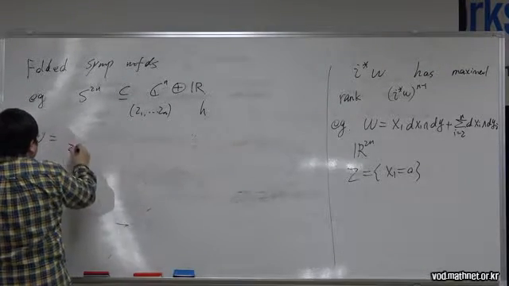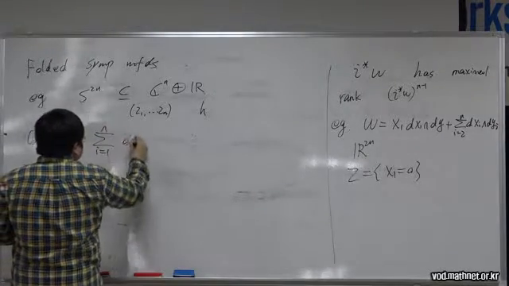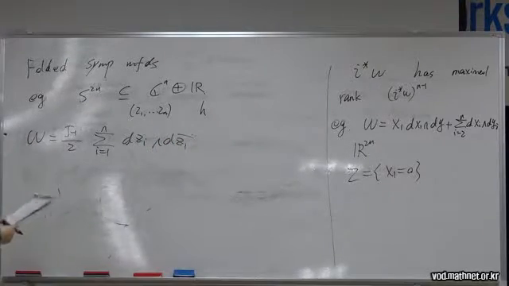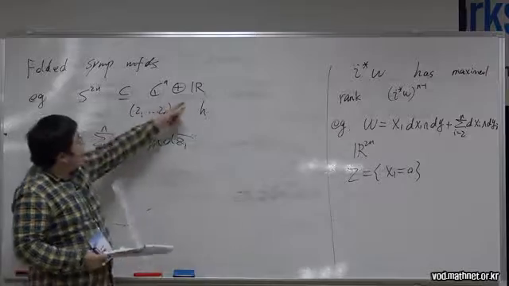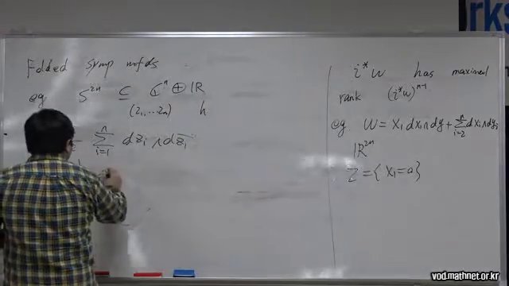Then omega is given by a form in the larger space, then restrict it to S2n.